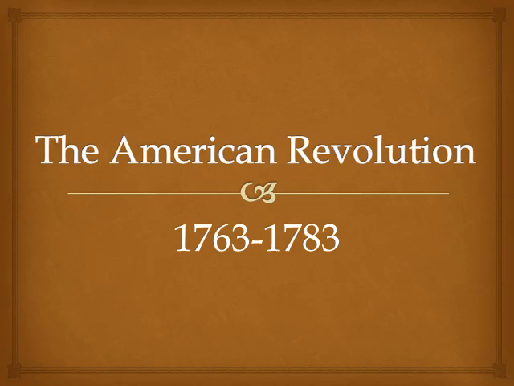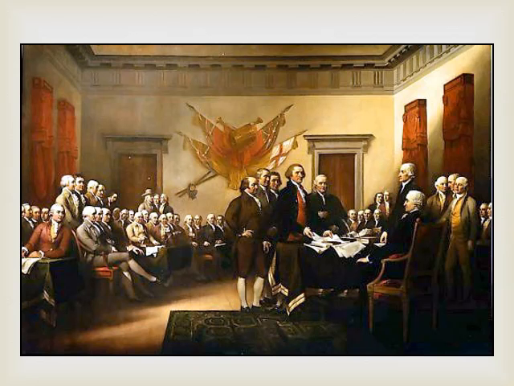However, in a 12-year period between 1763 and 1775, their relationship that had worked for over 100 years fell apart. Therefore, there are two important questions to ask before we look at our American Revolution lecture. Question number 1.